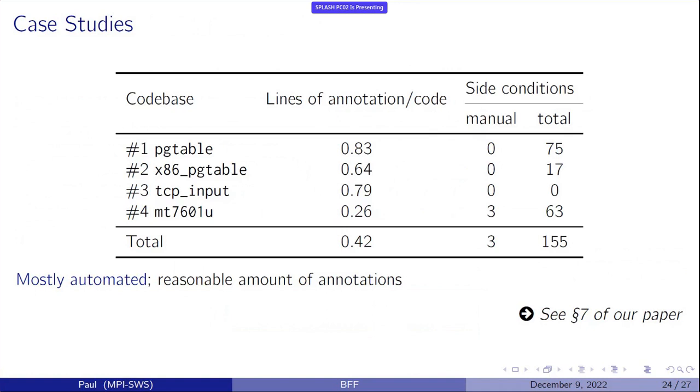And the reason we need them is that the bitwise operations in these side conditions are actually not doing bit field manipulation, but rather are combined with arithmetic operations to do some sort of arithmetic computation. And also, the annotations we required are a reasonable amount. You can find more details about these case studies and the metrics in the paper.